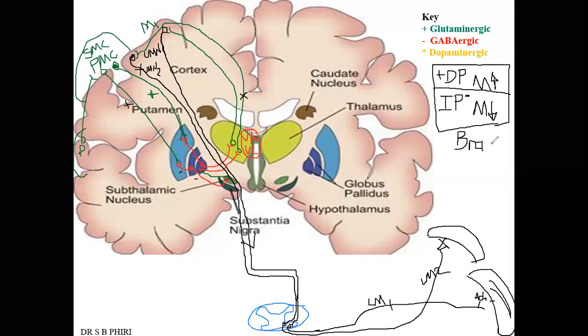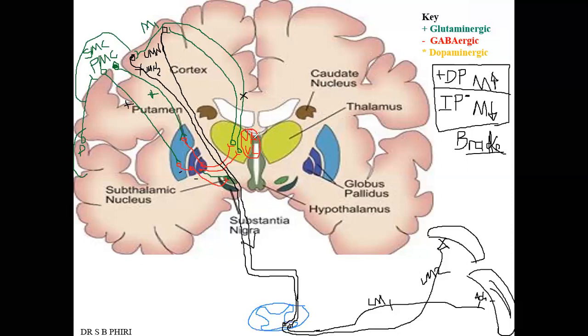The indirect pathway acts as brakes of the motor system so that you have fine control of movement, so that you don't exaggerate the movement. So there's that kind of control. So I hope you appreciate the direct and the indirect pathway.